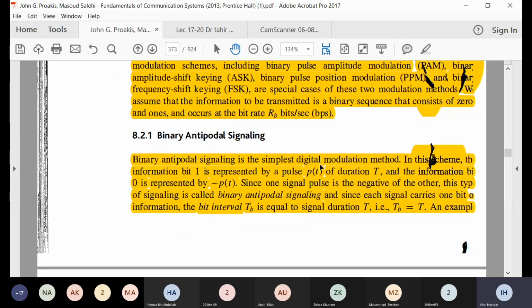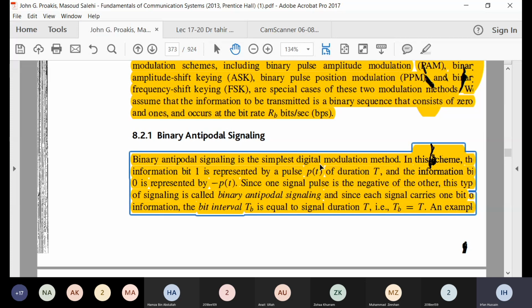So first is binary antipodal. In the binary antipodal scheme, the information bit 1 is represented by a pulse p(t) of duration T, and the information bit 0 is represented by the same pulse but negative of that pulse.